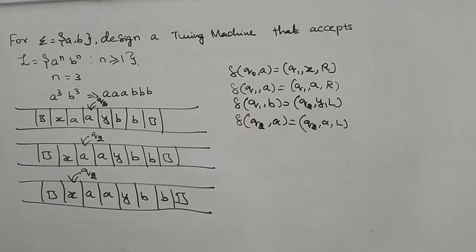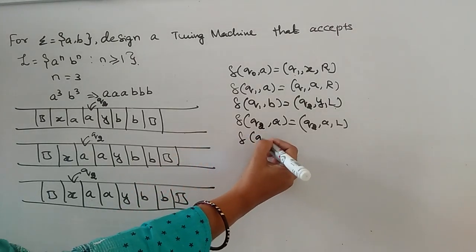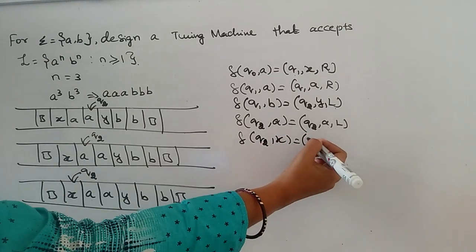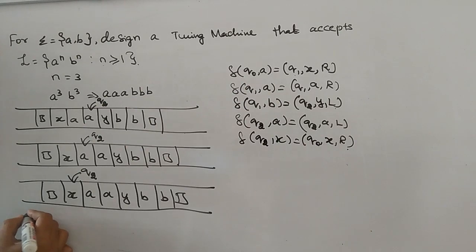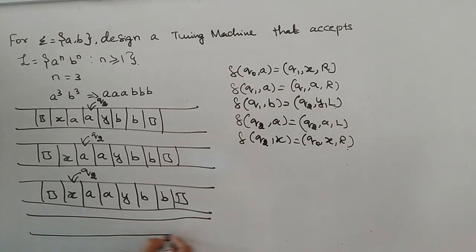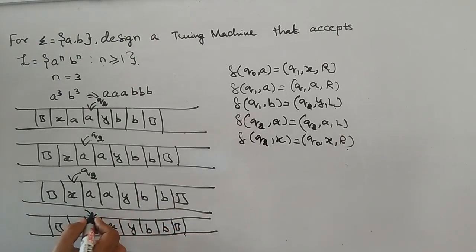Simply we have to move the read write head towards right so as to consider the next A. Since we have balanced one A with one B, we have to do the manipulations for the next symbol A. That's why here we can write del of Q2 comma X is equal to Q0 comma X comma R. So I am going to change the read write head to move towards right, and the machine is shifted to the state Q0.